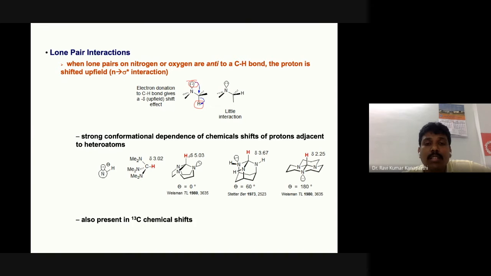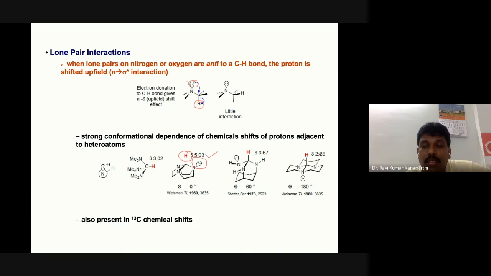We can see here a proton is here, and on the adjacent carbon you have the nitrogen lone pair. When you compare these two things, both are in the syn position. Therefore, since both are in the syn position, such a proton is deshielded.